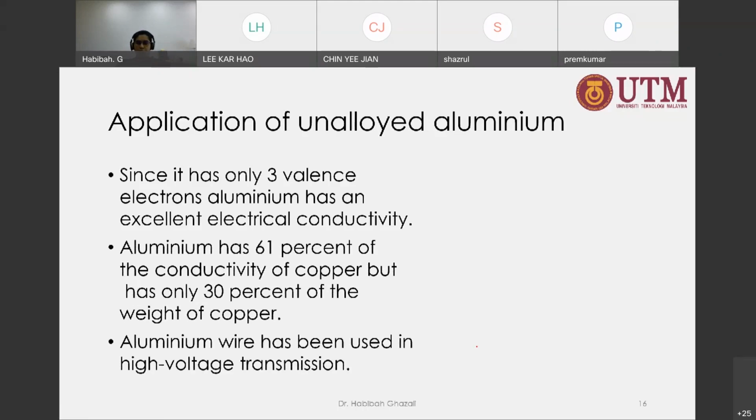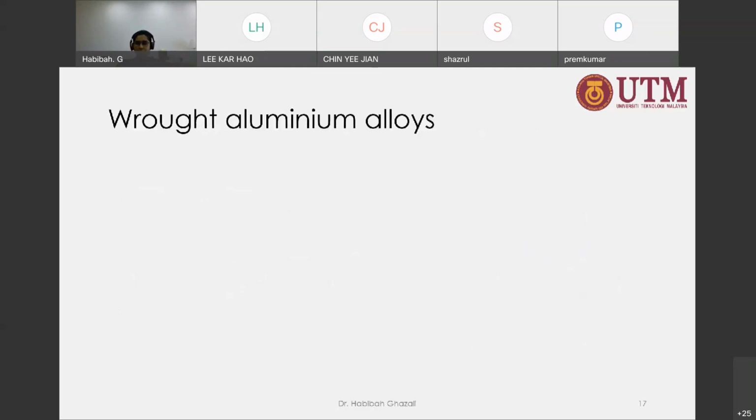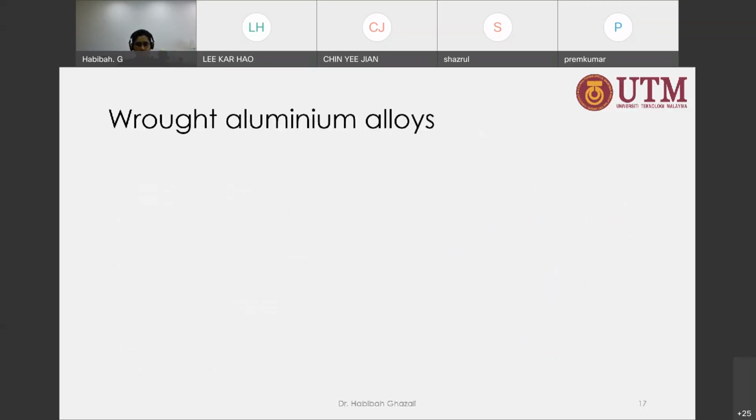Due to this, aluminum wire has been used to transmit electricity for a long time now, in high voltage transmission. So that is one of the applications of unalloyed aluminum.